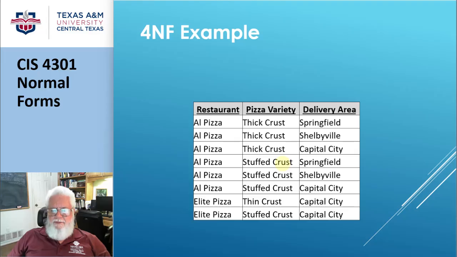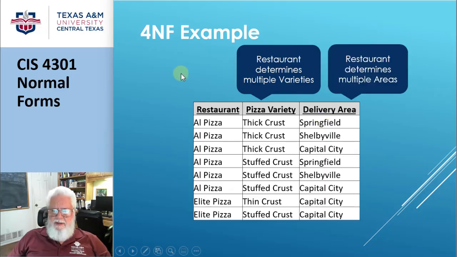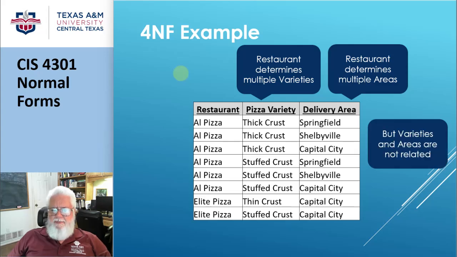Okay, so here's another example. Here's Owl's Pizza and pizza variety and delivery area. So far so good, right? A single restaurant can have multiple varieties and multiple delivery areas, right? Okay. So far so good. This is not a first normal form violation because everything is a primary key. But the problem is they're not related.